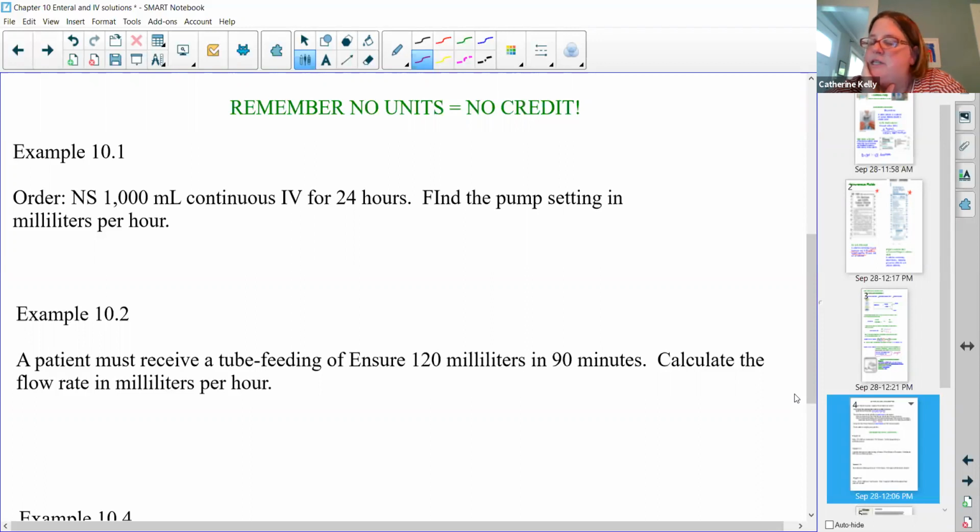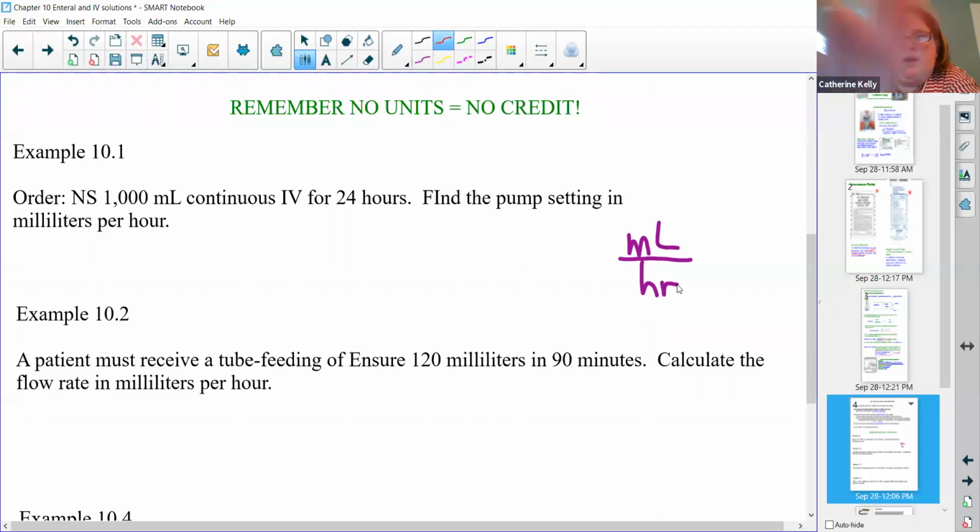They're just giving you a bunch of information. So remember, what you're looking for is your label for your answer. And this says find the pump setting in milliliters per hour. So if I want to find the pump setting in milliliters per hour, I labeled my answer. Now I'm going to start it with either milliliters on top or hours on bottom.